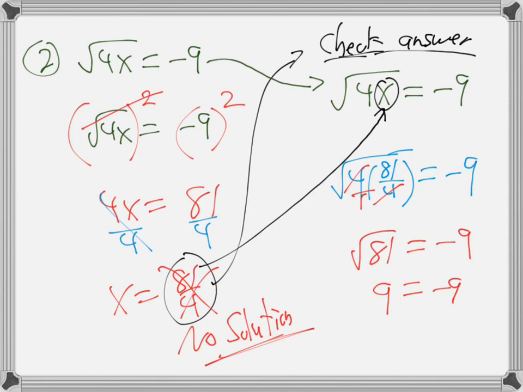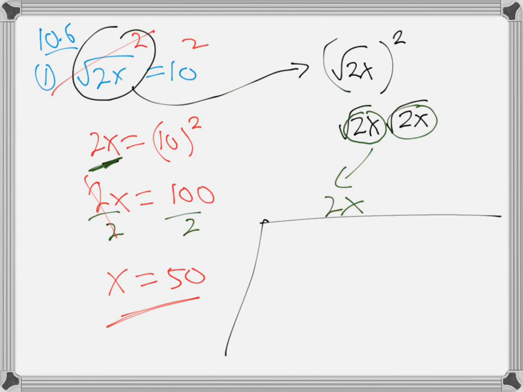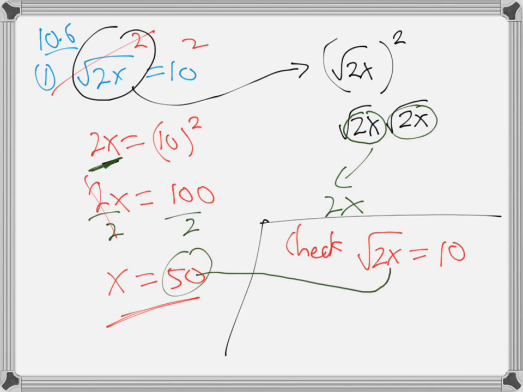Let's check the other one. I really should have checked the other one. If we went back to number 1 and we checked it, we had the square root of 2x is 10. If we took that 50 and put it in, you see it would have worked fine. We would have got the square root of 2 times 50. And what's 2 times 50? 100.